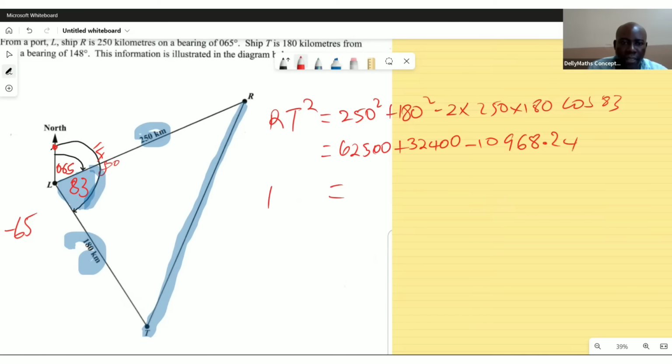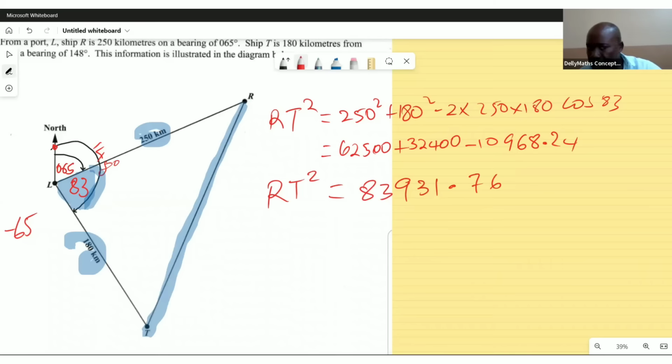So let's put everything together. RT squared is going to equal, when you add these and subtract, I'm getting 83,931.76. But I like to verify it, so I'm just going to double check to make sure there is no error. The principle is right, but making an error will spoil everything.